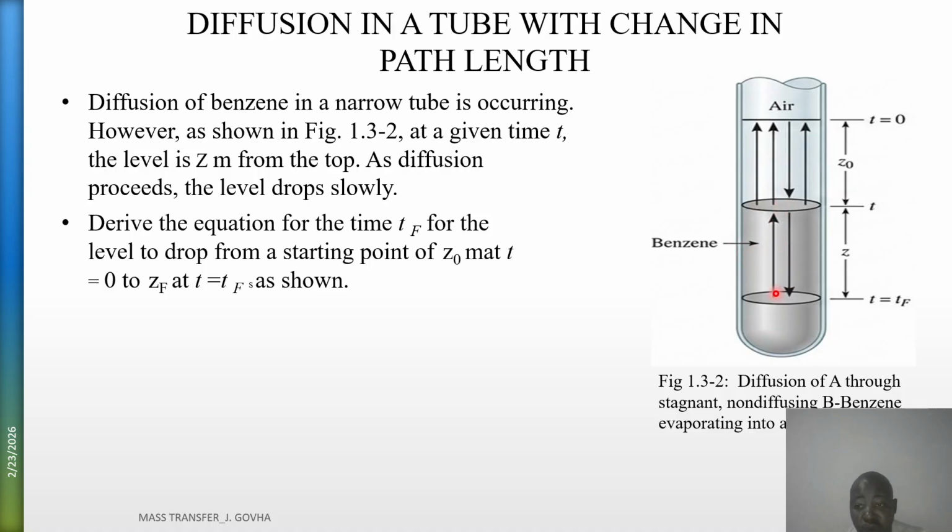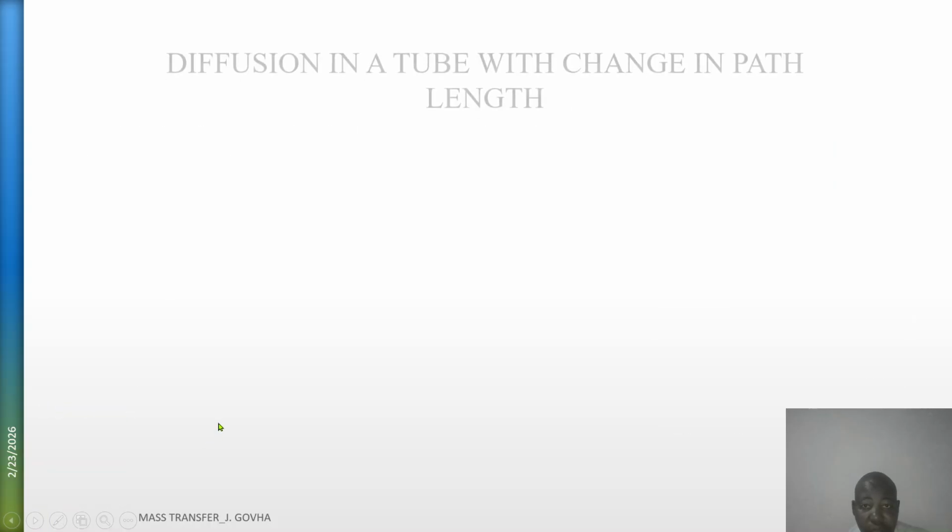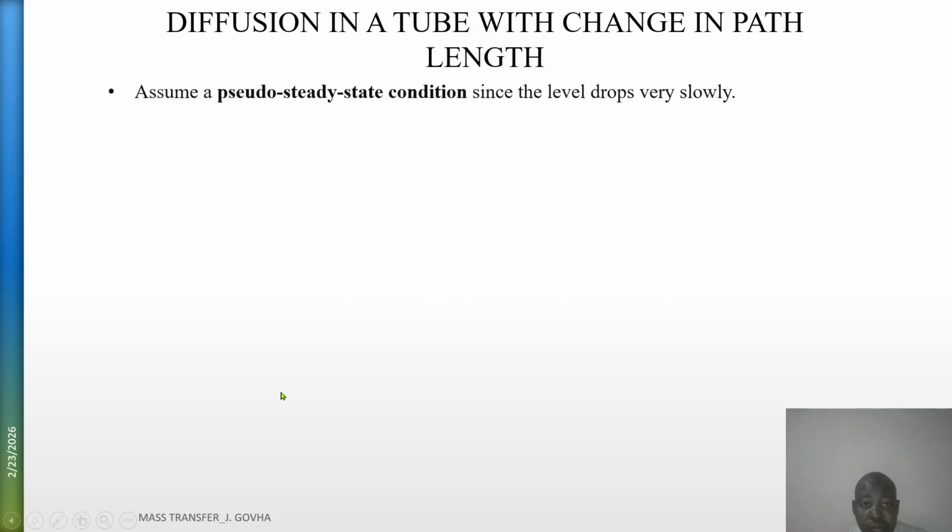Right. So we now want to derive the equation for the time tF for the level to drop from a starting point z0 at time t0 to a point zF, which is at time t equals tF.